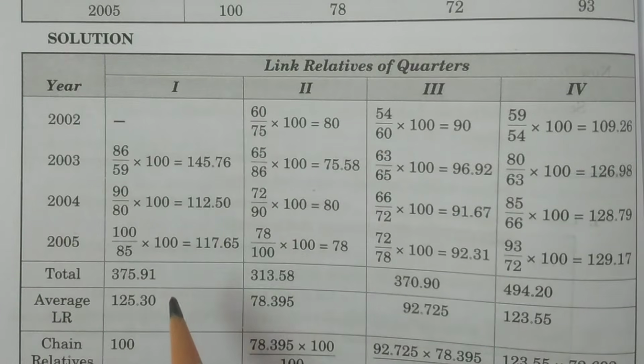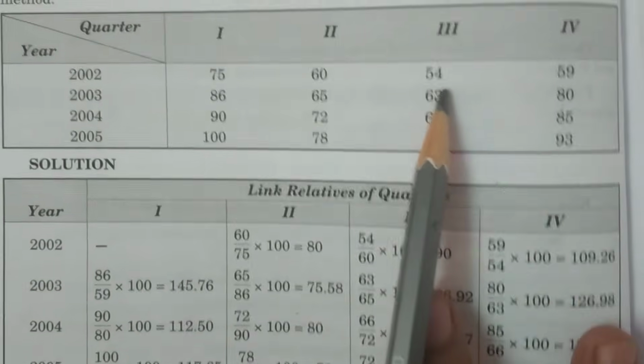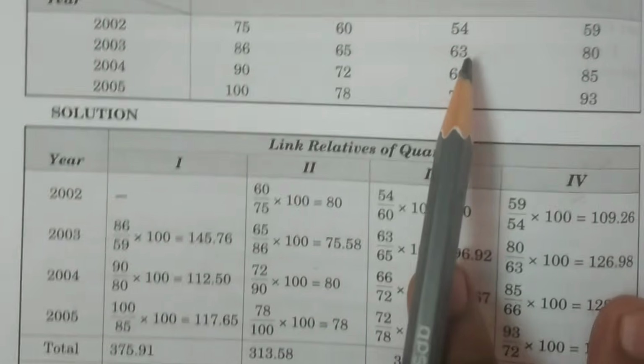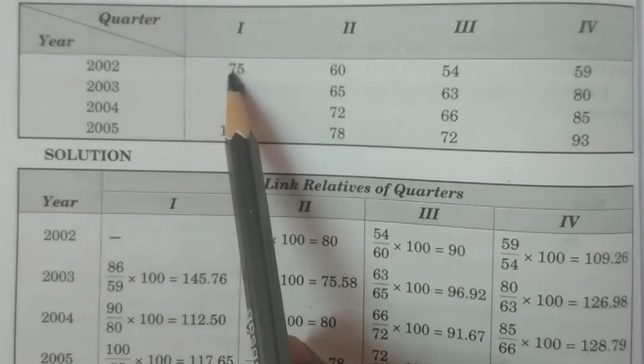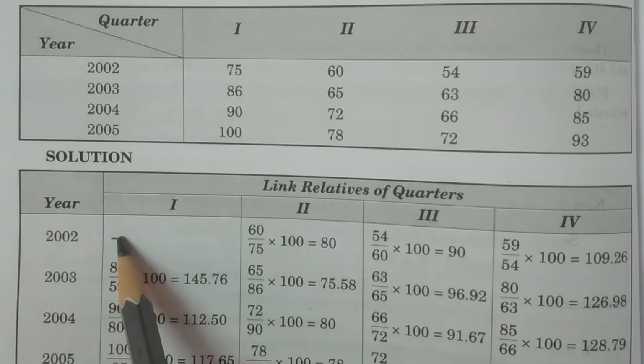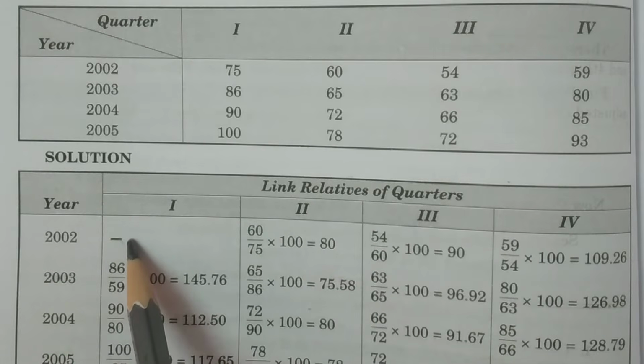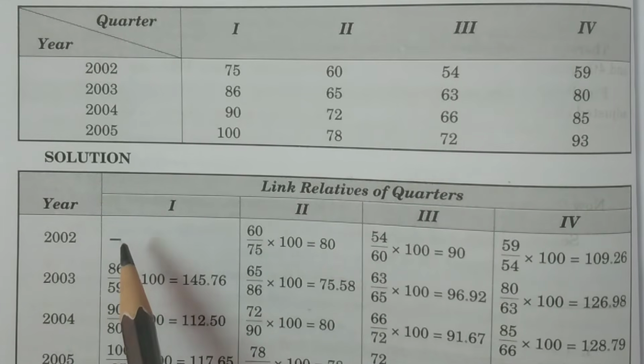For 75, the first quarter, the previous figure is not available, therefore the link relative for the first season is not available. That is one of the disadvantages of this method.